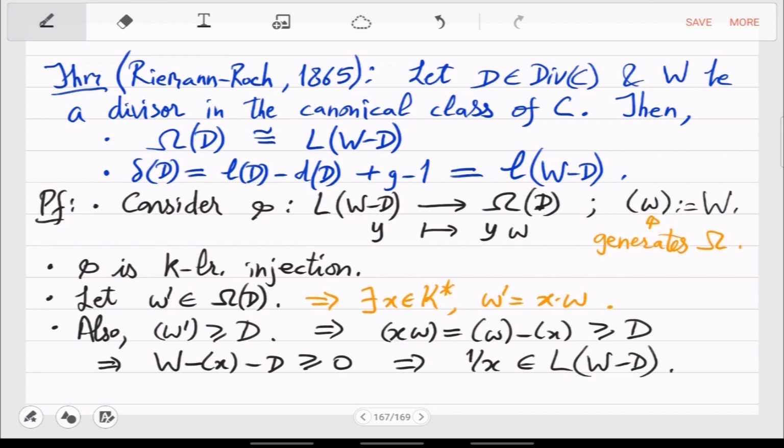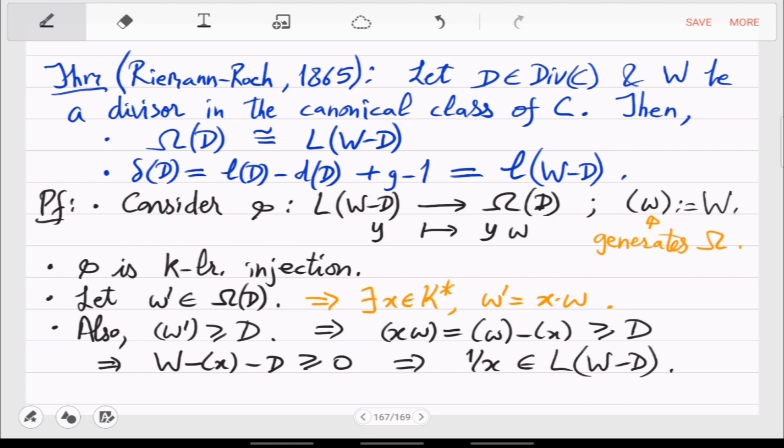No, but suppose that is not the case, then... I mean, my plan was to use just 1 over x as y, but the problem is 1 over x is mapping to omega over x.